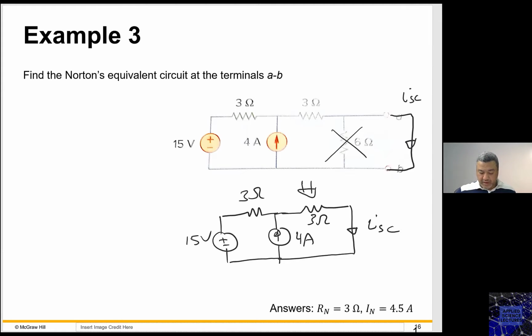Okay, I need the I short circuit. So how do I calculate the I short circuit? You know, do mesh analysis this time and have a supermesh. By the way, you can still avoid the supermesh. If you take this little one and you take the bigger one, you could avoid the supermesh.